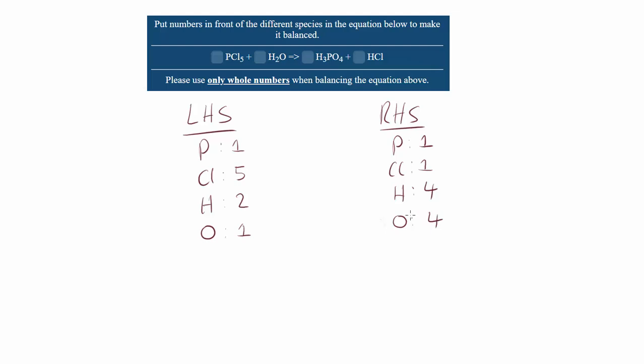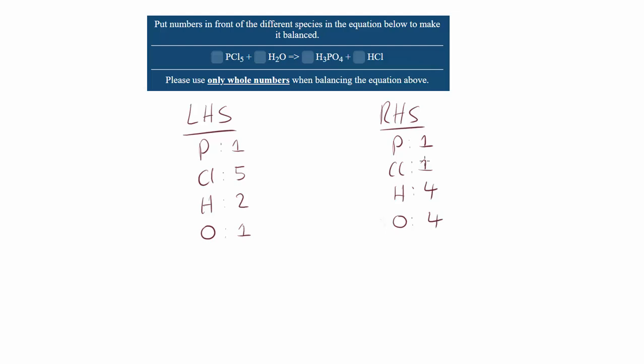So if we work our way down this list, what we can see is that phosphorus seems balanced, but the chlorine doesn't. We've got 5 chlorines on this side and only 1 on this side, right?